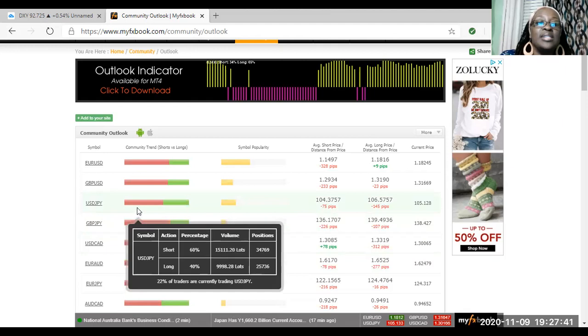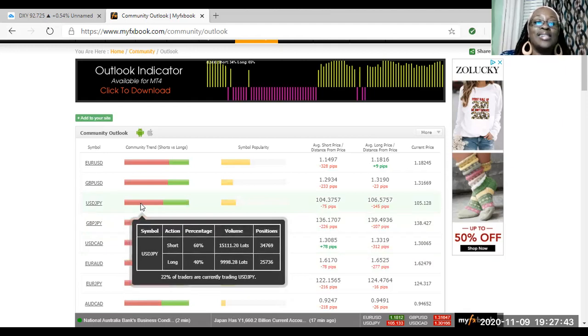What about USD/JPY? Right now, 60% of traders believe that USD/JPY is going short, is overall short, whereas the 40% believe that it is long. Same thing. Now, currently, as you can see, 22% of the traders are currently trading.